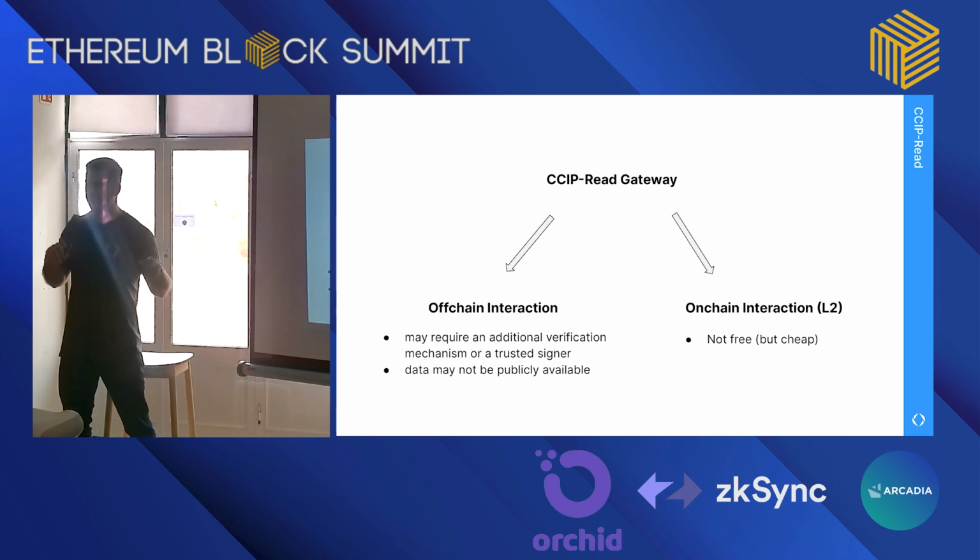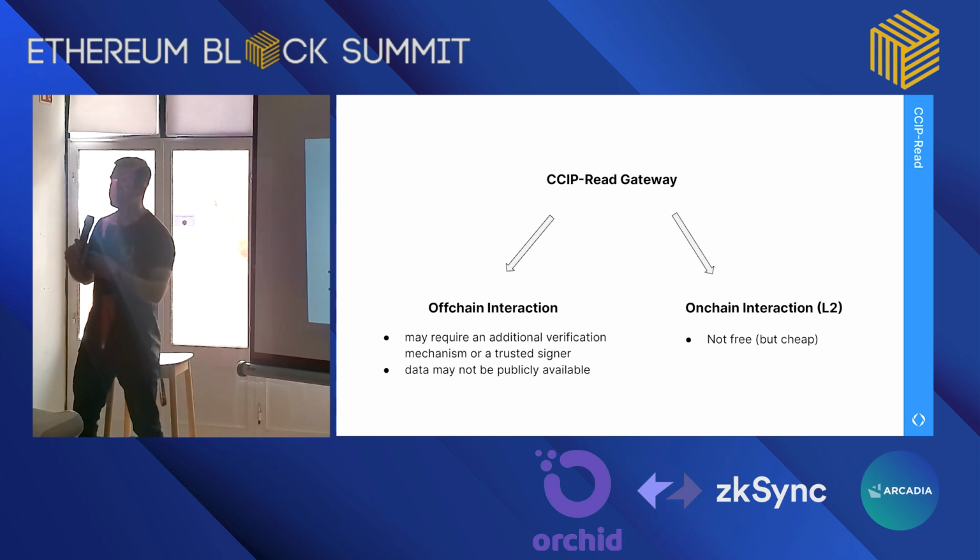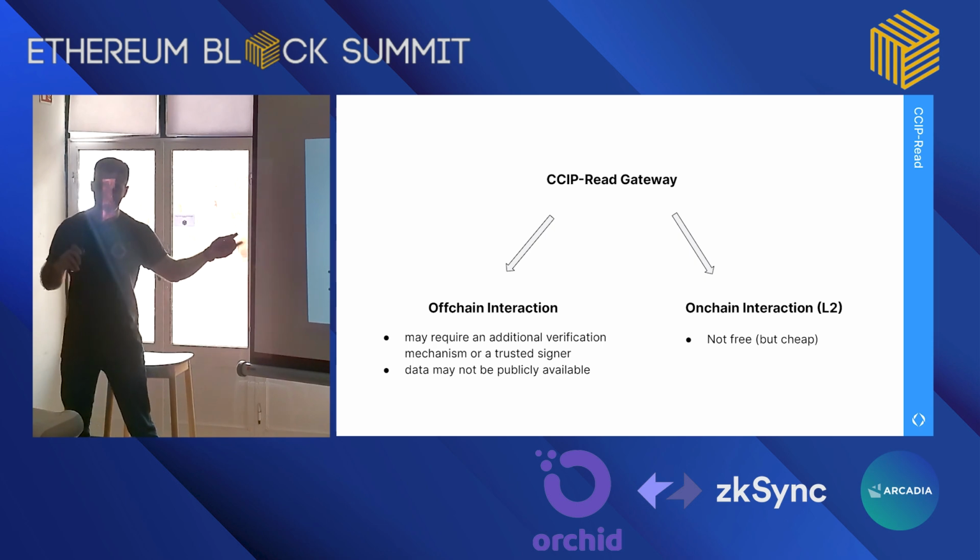Whenever a query happens to the off-chain gateway, these messages should be signed by the trusted key pair that you give to the gateway. And then the resolver is able to verify that the messages come from the trusted party, because you give the public key to the resolver while creating your contract.